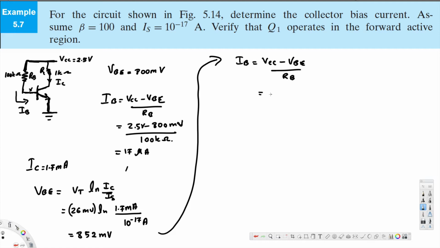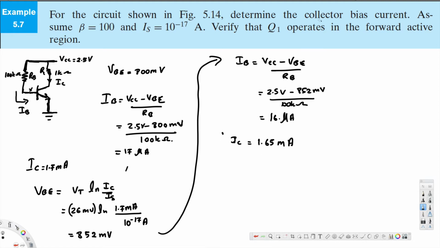VCC is the same, 2.5 volts, but for VBE we use the newly derived 852 millivolts, divided by RB, the same 100k ohm, and that gives us 16 microampere. Therefore IC is beta times IB, that is 1.65 milliampere. Now we have found the IC.